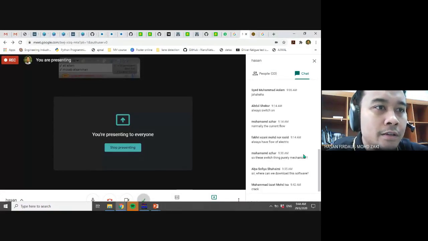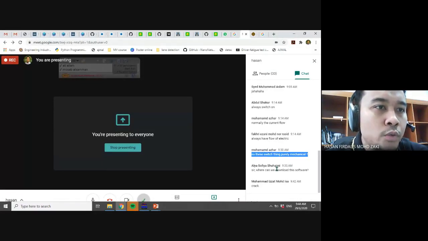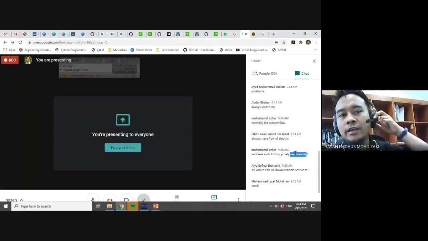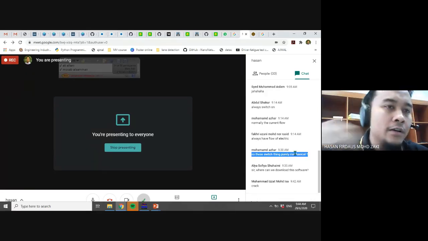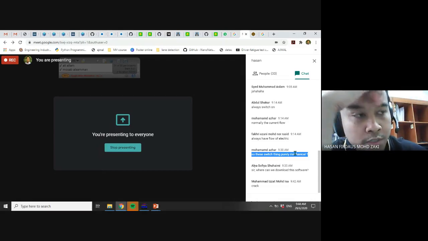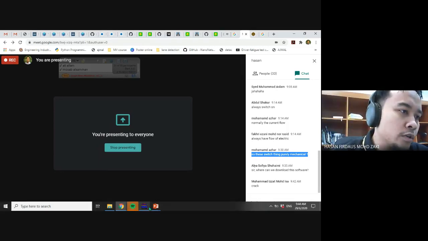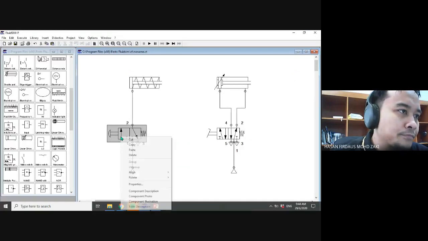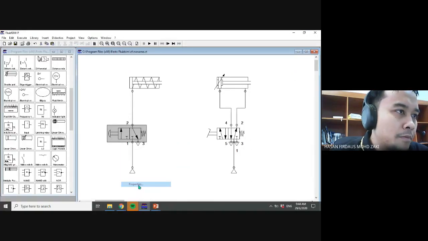So this switch is purely mechanical. It can be other types of switches too, not only mechanical. If you go to the software here, properties.